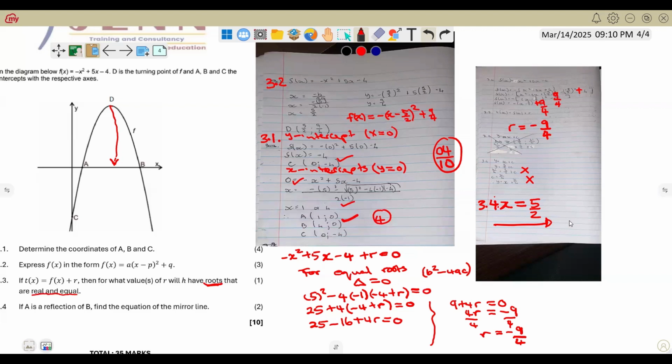Remember the other marks come from knowing the interpretation, because you were supposed to show that you know the x-intercepts of a parabola reflect along that axis of symmetry. Is that clear?